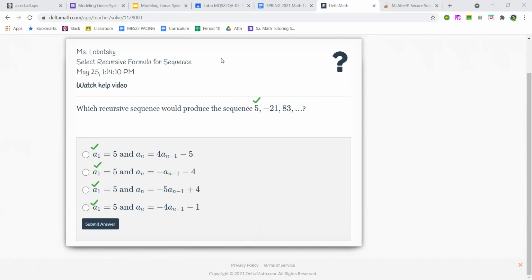So we have to look to the rule. So now I'm going to go through each of the rules to help us figure out which one matches. So let me start with this. Take the first term and, so the first one is going to be multiply by 4, then subtract.